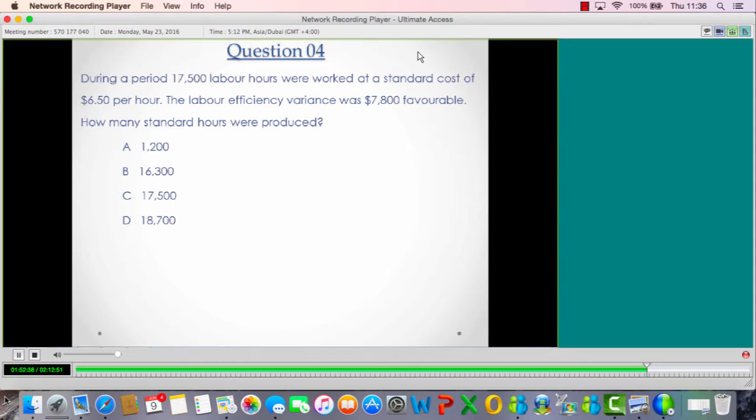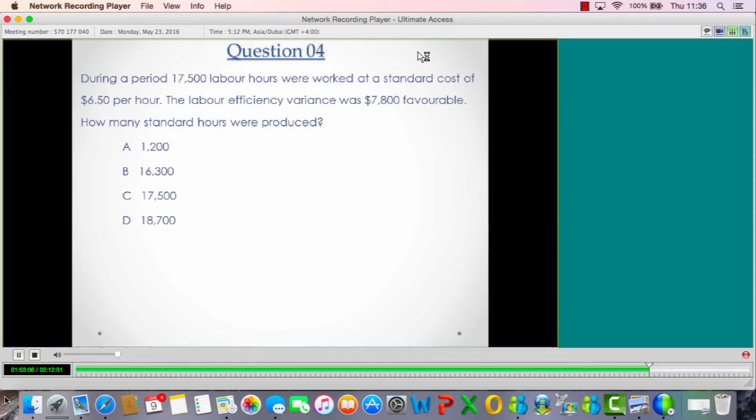So here, what should be my first step? Now, always remember, guys, when you are given an efficiency variance, and you are asked for the standard hours, actual hours, or standard hours per unit or whatever, always try to get the efficiency variance in unit terms.